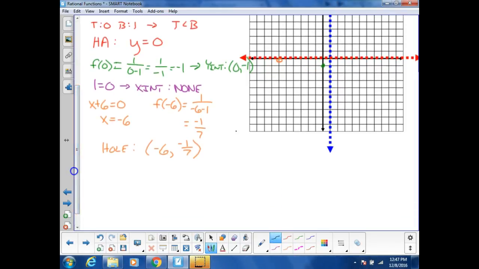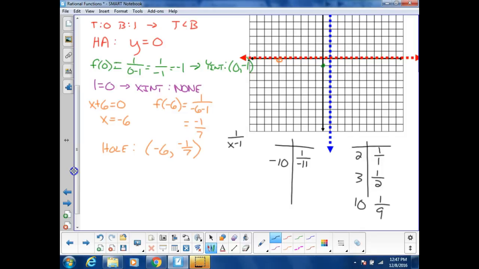My function was 1 over x minus 1. I would only need really over here negative 10. And that's going to be 1 over negative 11. That's going to be right up tight to there. Over here I would need 2, 3, and 10. So 2 minus 1 is 1. 3 minus 1 is 2. 10 minus 1 is 9.